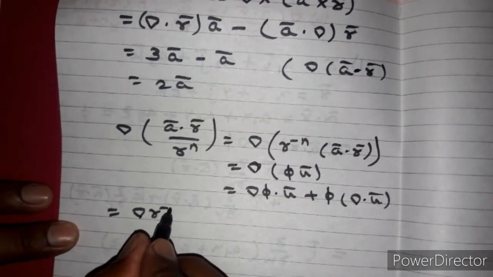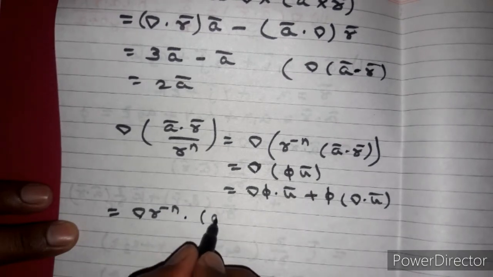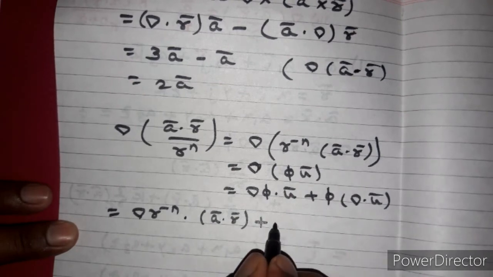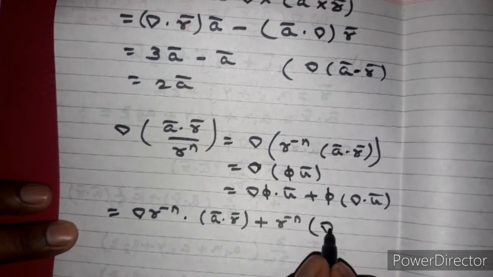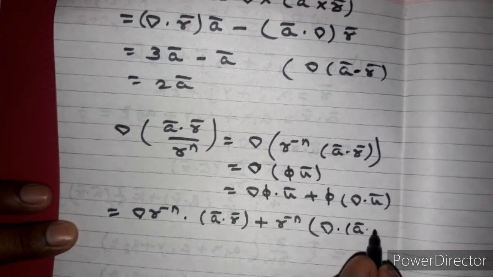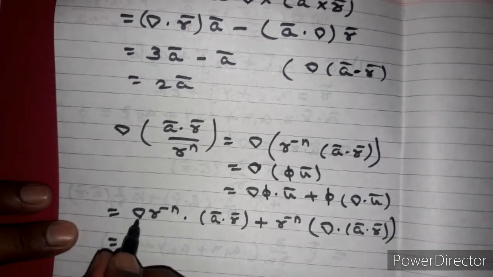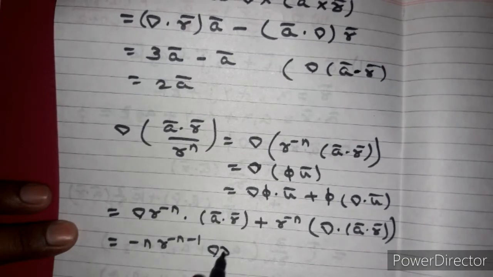So del of r raised to minus n dot u bar, meaning a bar dot r bar, plus r raised to minus n as it is, times del of a bar dot r bar. What is the derivative of r raised to minus n? Minus n r raised to minus n minus 1, into the derivative of r, which is del r.